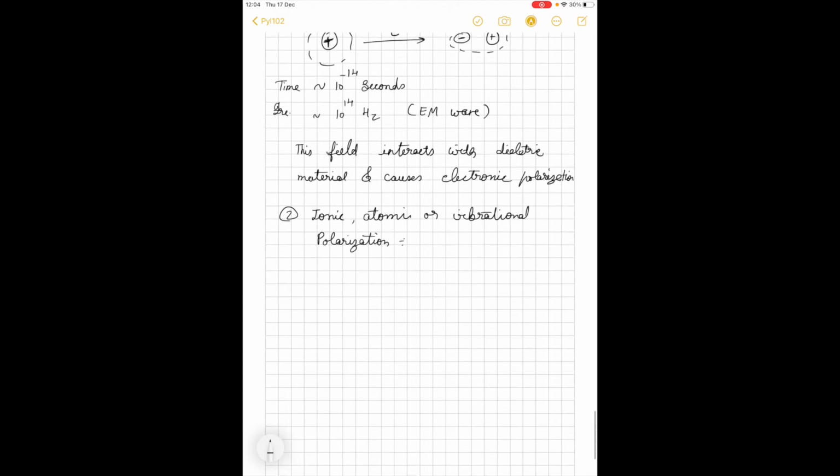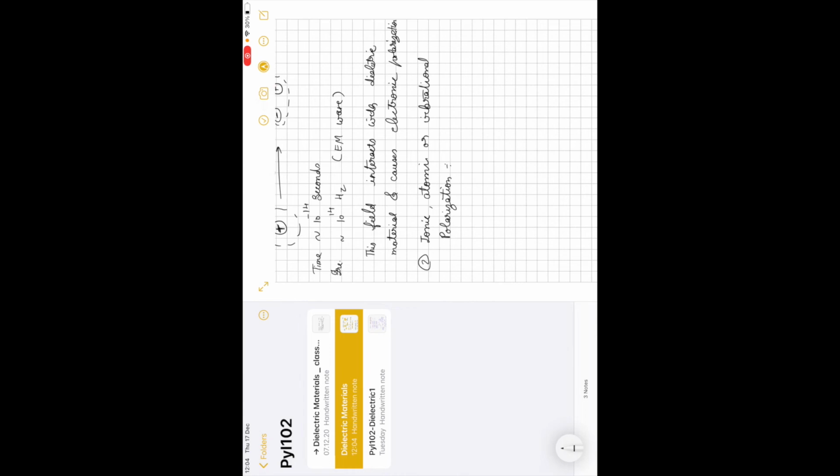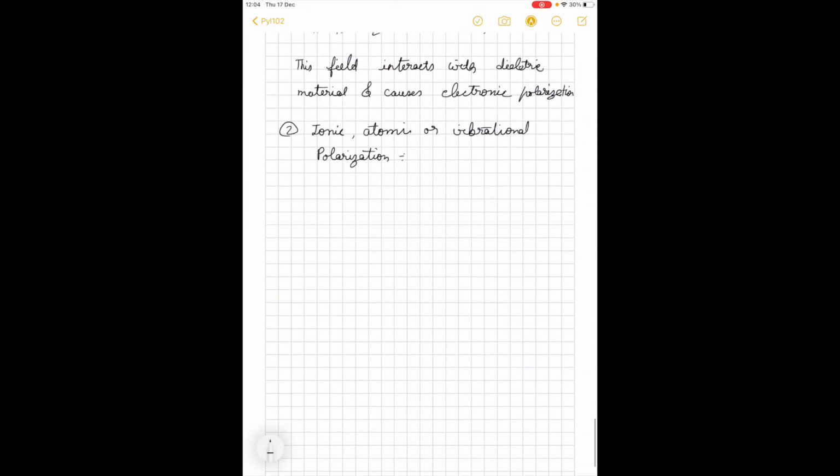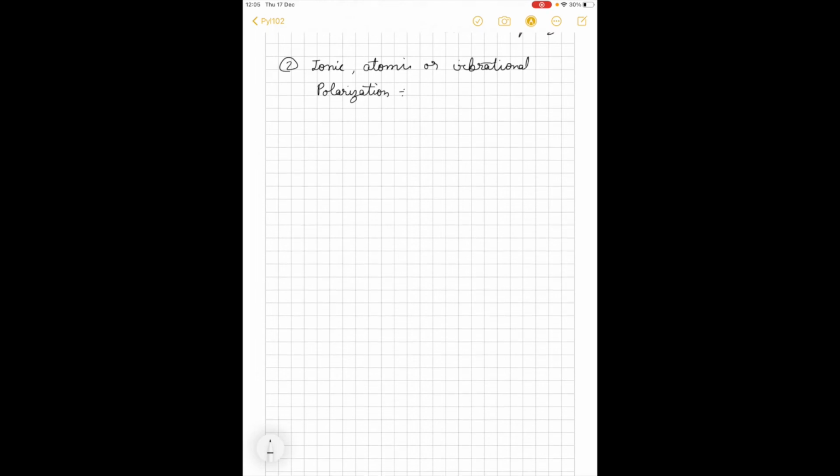These kinds of polarization mechanisms appear in dielectrics having ionic or covalent bonding. So let's start with an example such that I don't have to give a lot of theory, but you understand the basic physics.